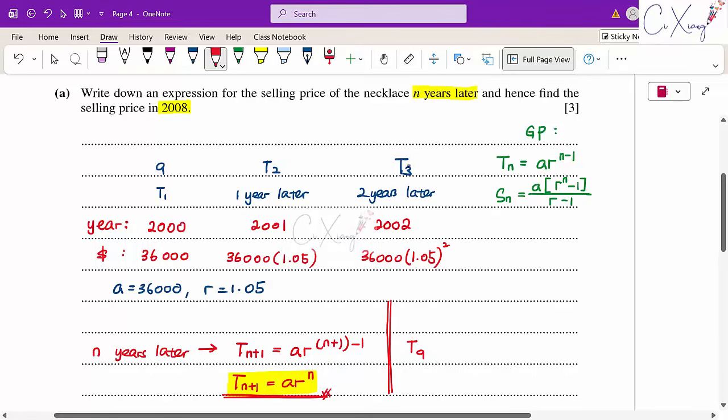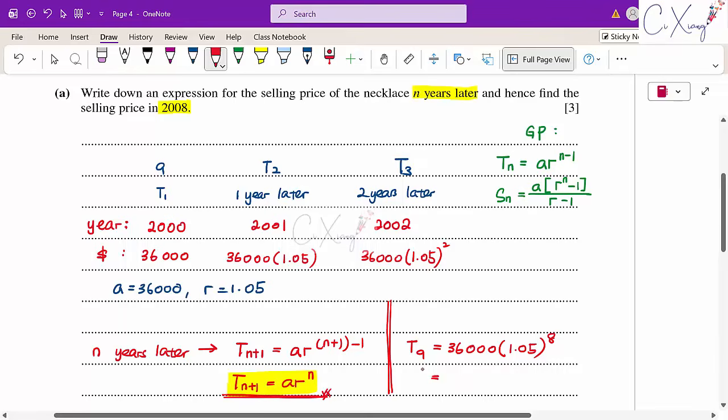Because year 2002 becomes T3, year 2003 becomes T4, year 2005 becomes T6, therefore year 2008 will become T9, right? So what's the general formula for the T9 here? It will be A, then R. If this is your n, then your power of R should be n minus 1, which is power 8. Okay, 8 years later.